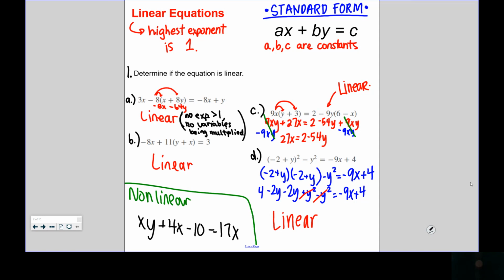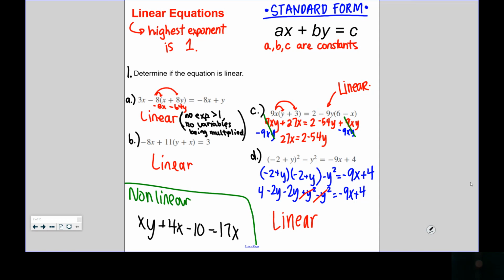So since we have two variables being multiplied together, that makes it nonlinear. All right, so linear and nonlinear, pretty simple. You're just looking for whether or not you have an exponent higher than 1 or two variables being multiplied together.